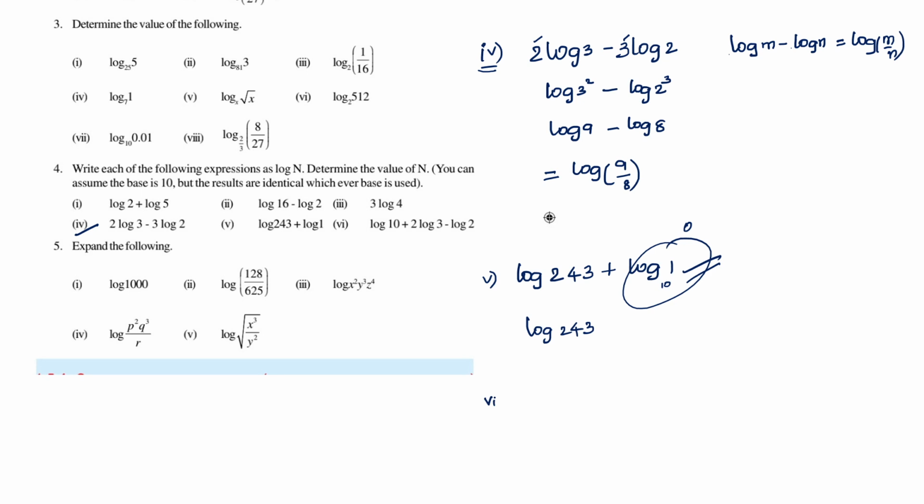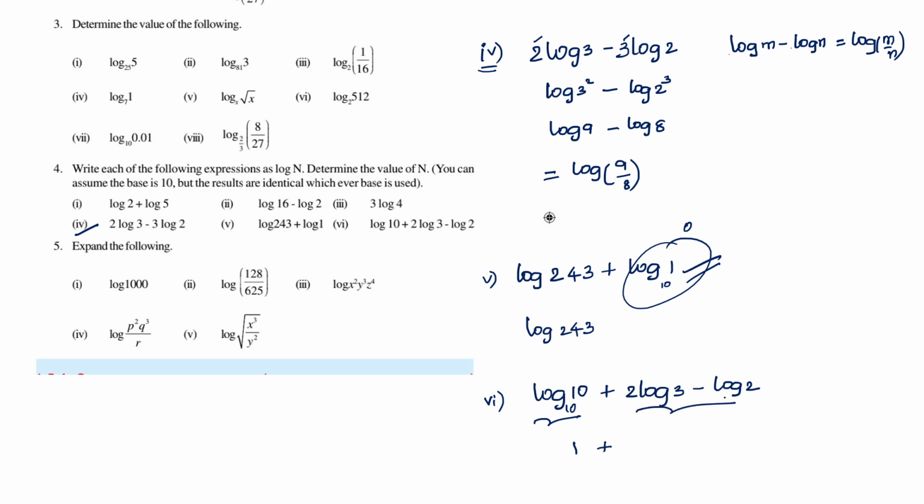Now coming to the sixth question, log 10 plus 2 log 3 minus log 2. Since the base is 10, I can take log 10 as 1, because log of a number with the same base is always equal to 1, plus 2 log 3 minus log 2.